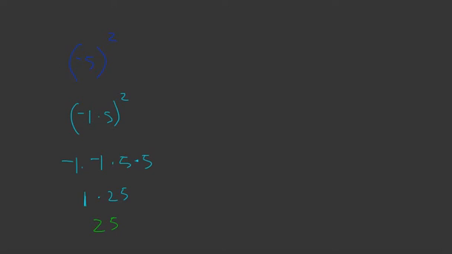Say you had a negative 10, squared. Well, that's just going to be negative 1 times negative 1 times 10 times 10, all right? And all that is going to equal, well, that's 100, and that's 1. So all that is going to equal 100.